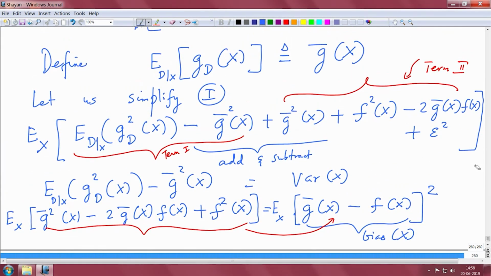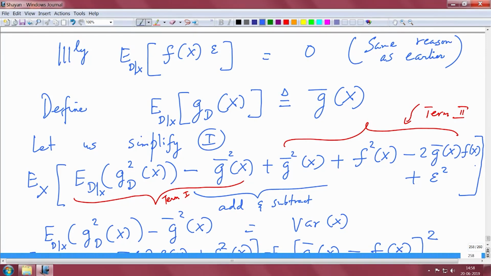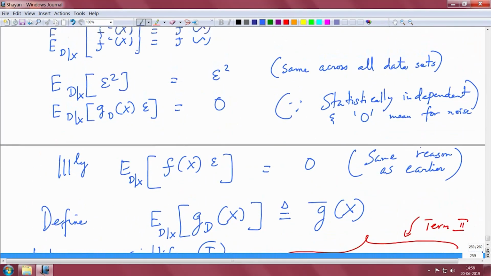So what I could do here is when you take the expectation over all the data sets conditioned on x, that can give me some sigma squared that depends on x, and when I average it over all x that gives me sigma squared, consistent with what we have. So I think we can make a small fix here.